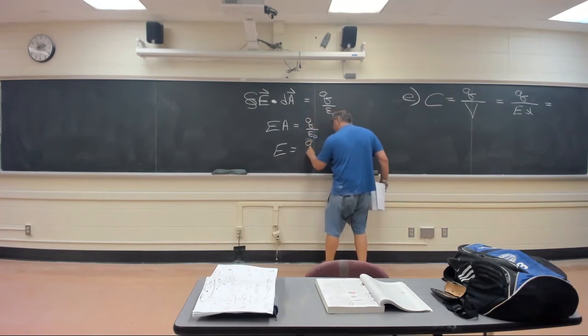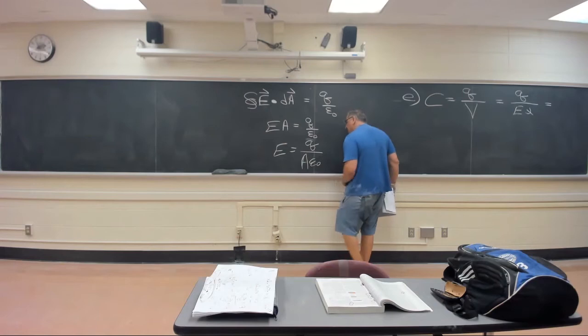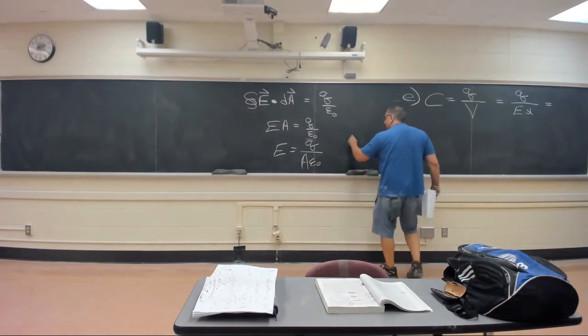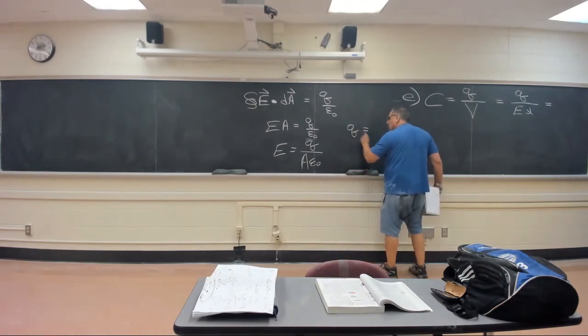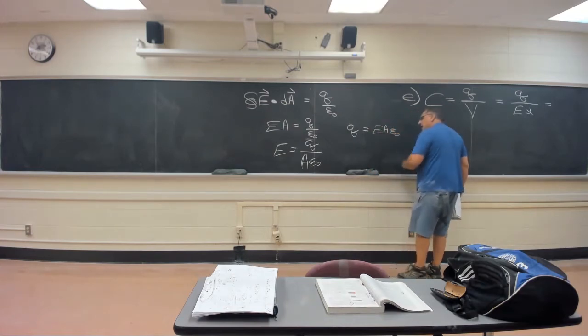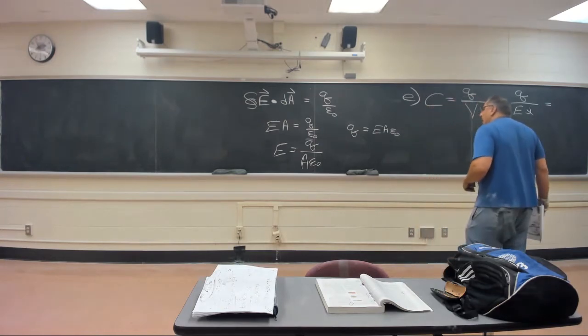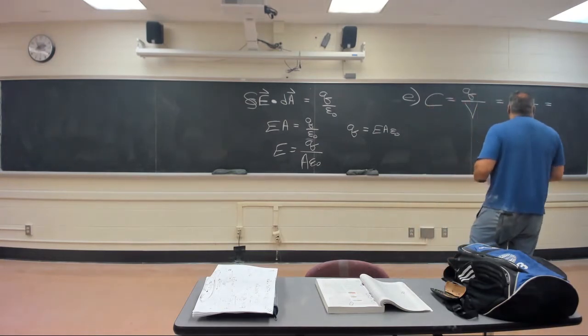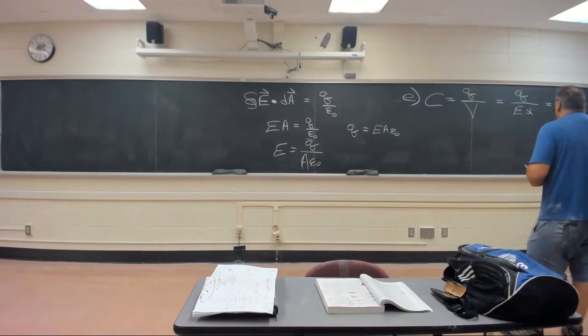I could write Q is equal to E A epsilon naught, et cetera, et cetera. You know, how much of the game do you want to play on this, guys?